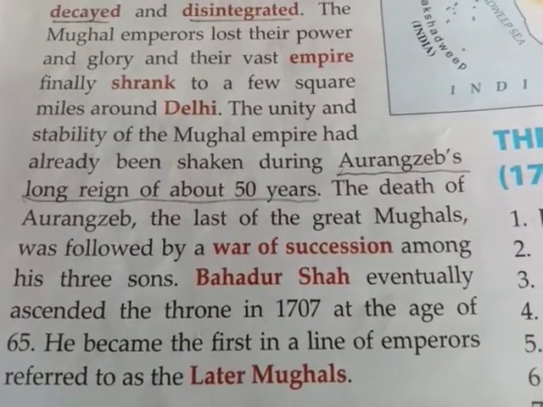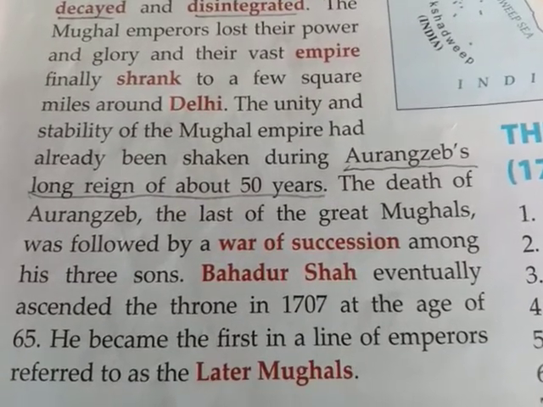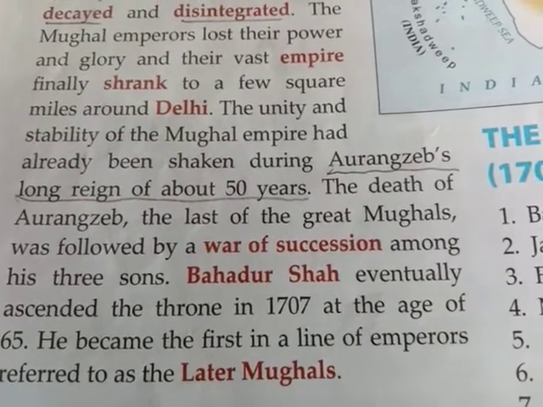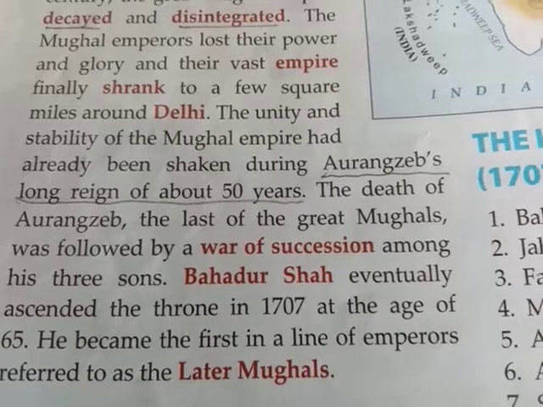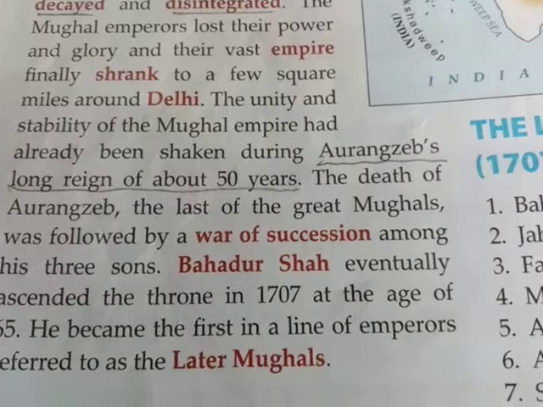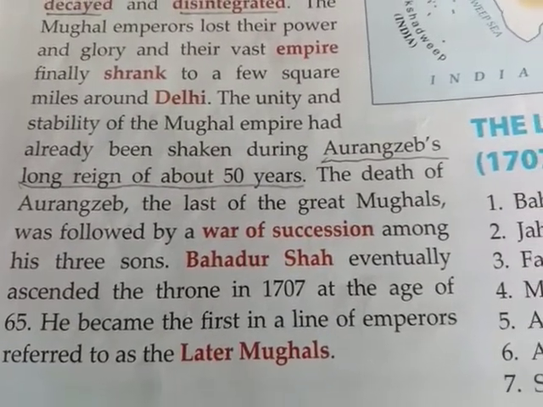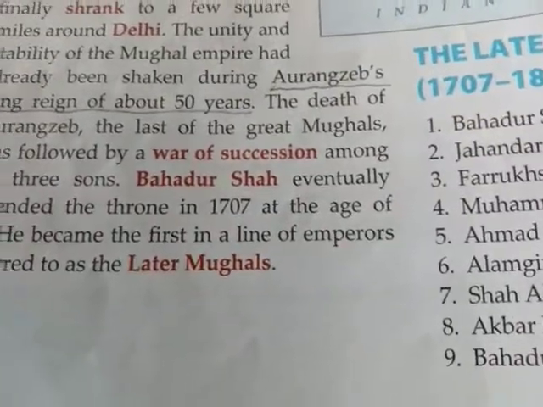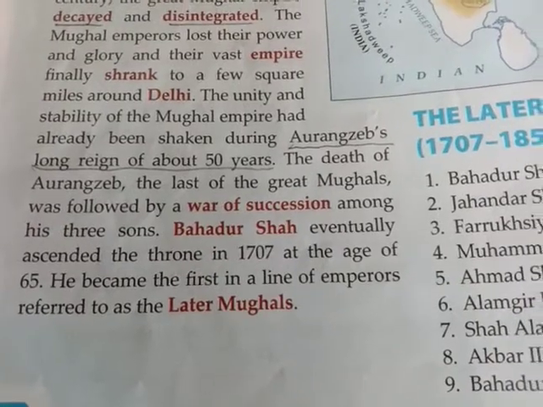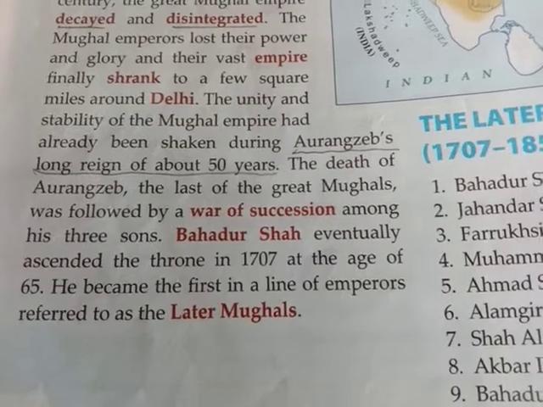He became the first in a line of emperors referred to as the later Mughals. Whoever became ruler of the Mughal Empire after Aurangzeb is known as a later Mughal. They were not able to save the empire, because Aurangzeb had made so many enemies and rebels. He was a completely orthodox Muslim, and he removed the Hindus and other religious people appointed by Akbar, Jahangir and Shah Jahan.